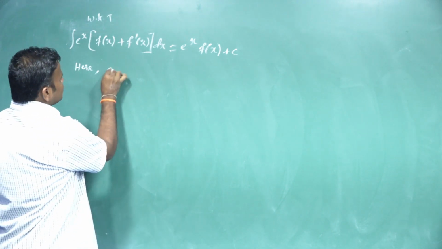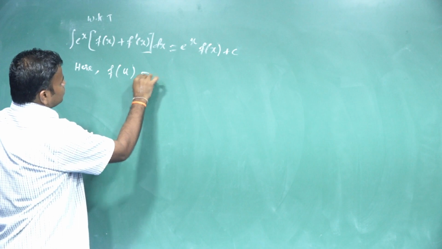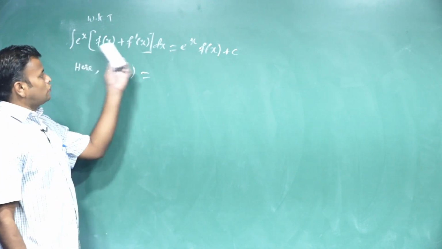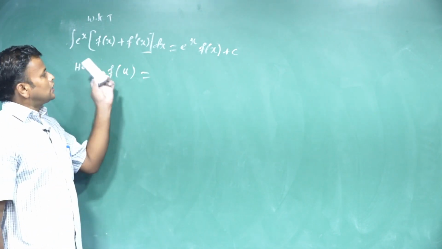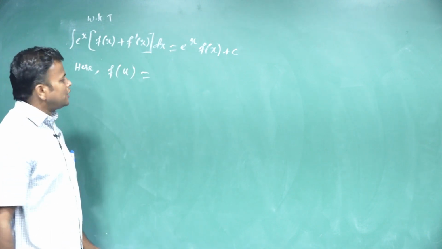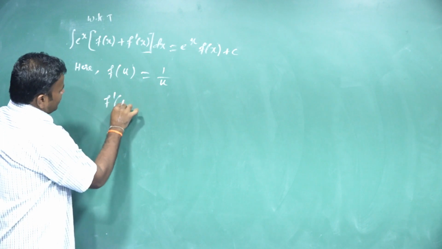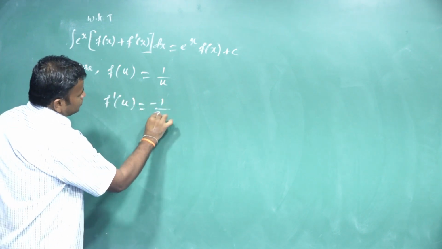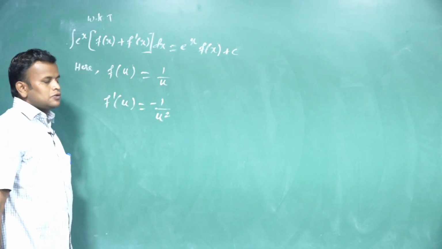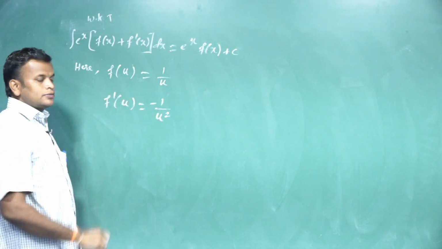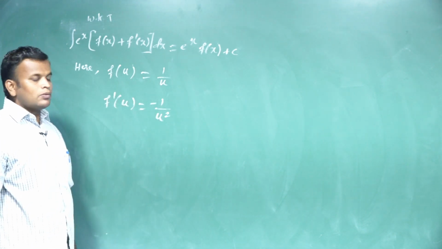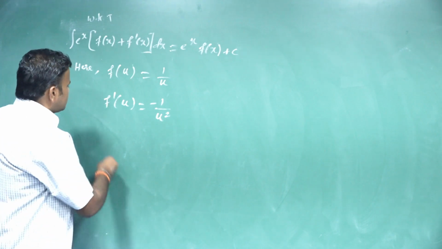But here everything involves u, so I take f of u as 1 by u. What about f dash of u? It is minus 1 by u square. We already discussed how to find that value.